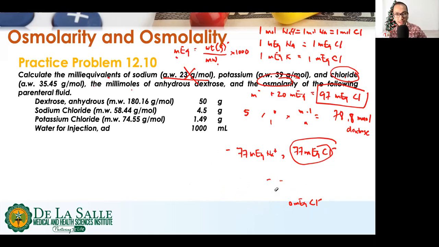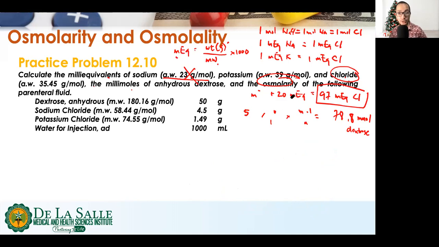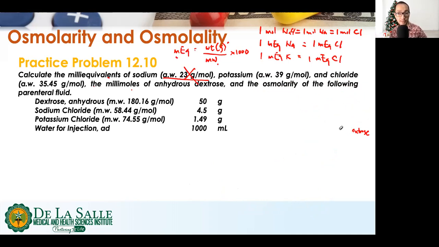That is what I want to point out here, unlike your mEq and your millimoles. For mEq, you should only add the same substance. For example, what we did was add the mEq of chloride coming from sodium chloride and the mEq of chloride coming from potassium chloride, to get the total number of mEq of chloride.